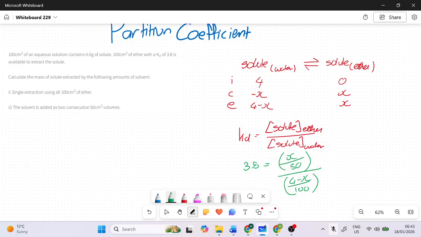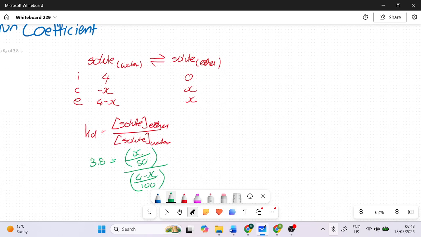Some students at this point decide it's easier to work it out mathematically and have it like this, where that becomes 2, so 3.8 equals 2x over 4 minus x, and they continue from here.